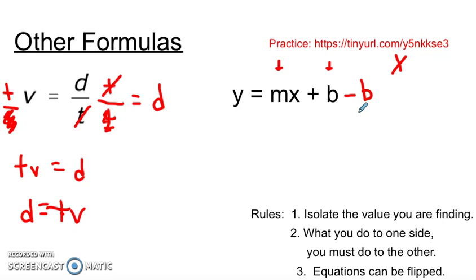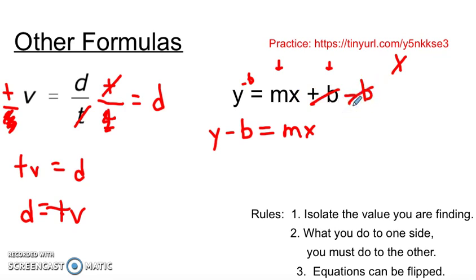But remember, what you do on one side, you must do to the other. So you have to subtract b to this side too. So let's see what you're left with. Y minus b is what's on this side of the equal sign, and you have mx because these b's canceled out. That b canceled out that b.